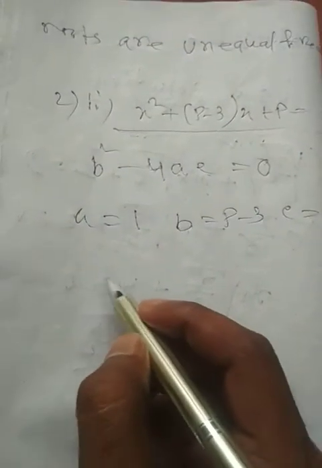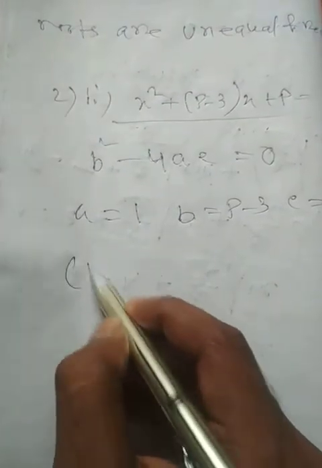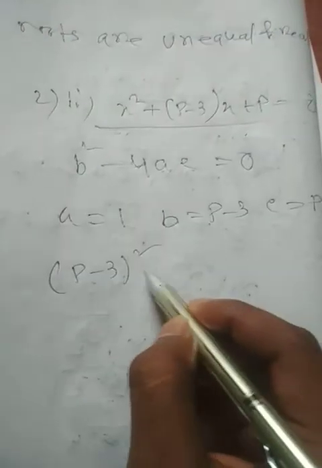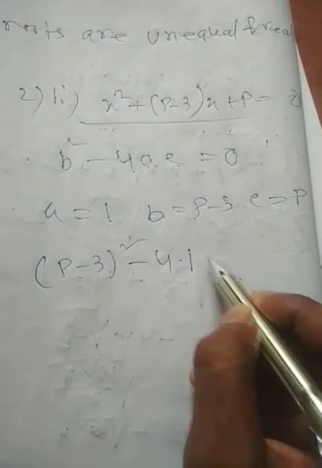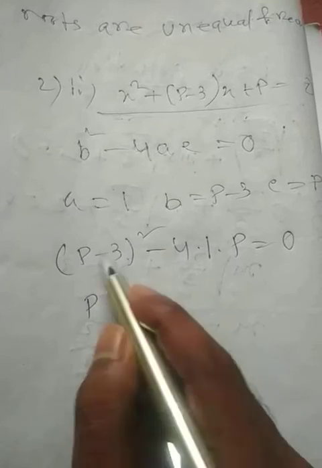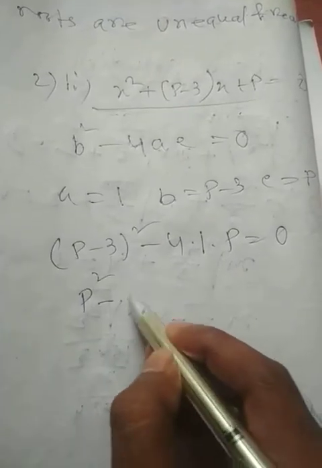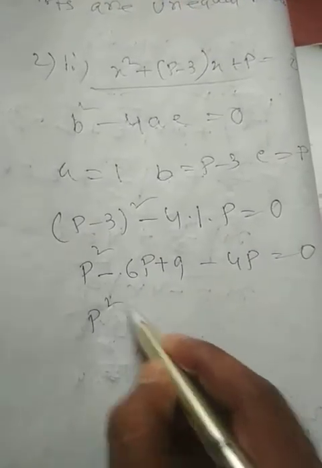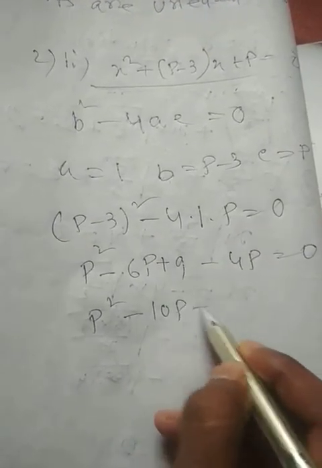So b square minus 4ac equal to what? p minus 3 square minus 4ac equal to 0. So I got p square minus 10p plus 9 equal to 0.